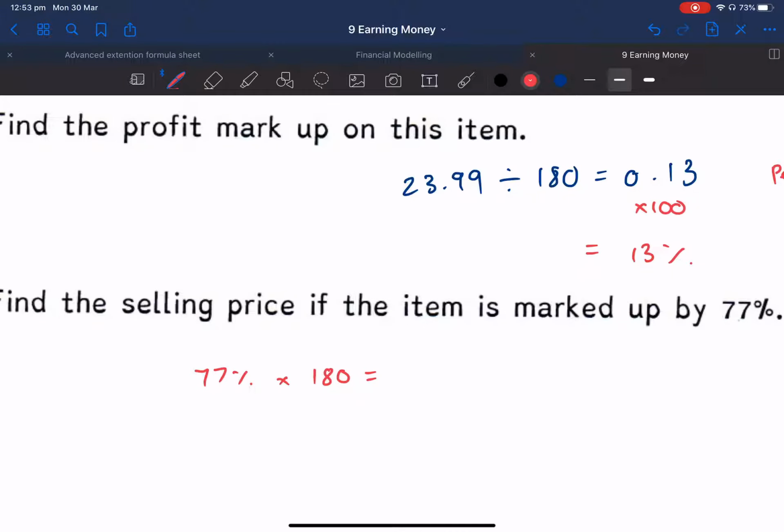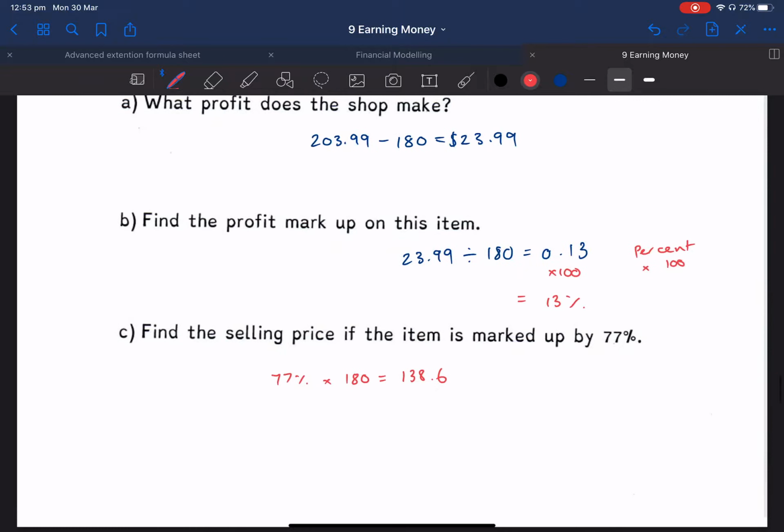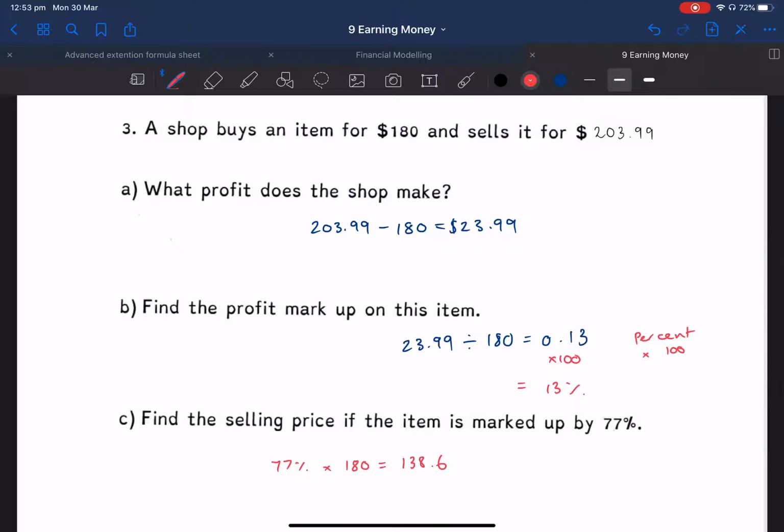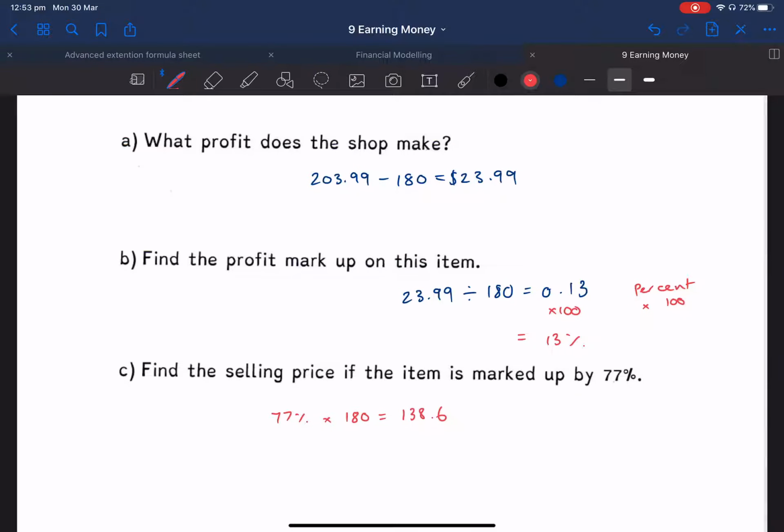If you pop that into your calculator, so you go 77% times 180, you should get 138.6.